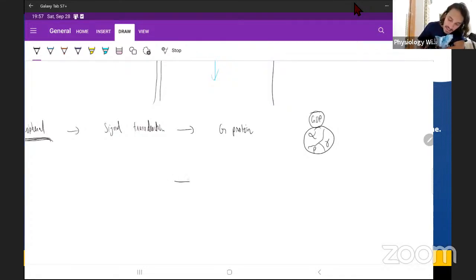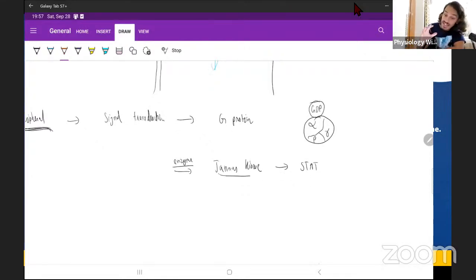Second is an enzyme through which this can happen. For example, a peripheral protein which has a Janus kinase activity, which will activate another molecule. So basically, this has some sort of enzymatic activity, tyrosine kinase activity.